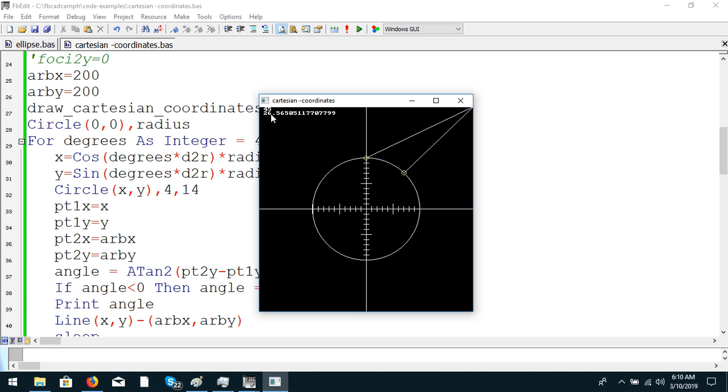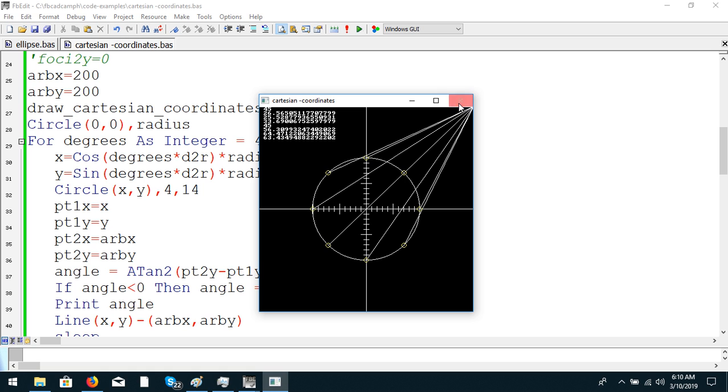It makes sense, 26 degrees. And this one, 25, 33, 45, that makes sense, that's 45 degrees, right? 56, 64, and 63. So that all makes sense to you, right?